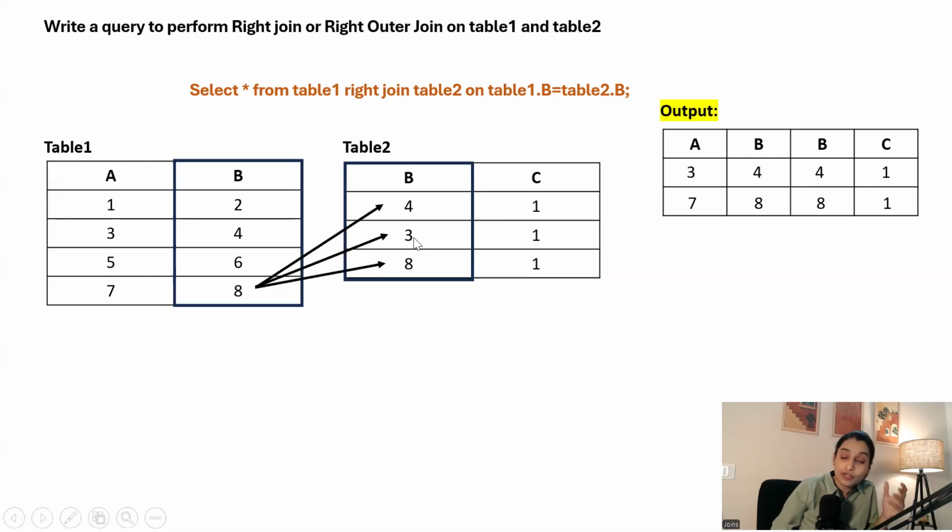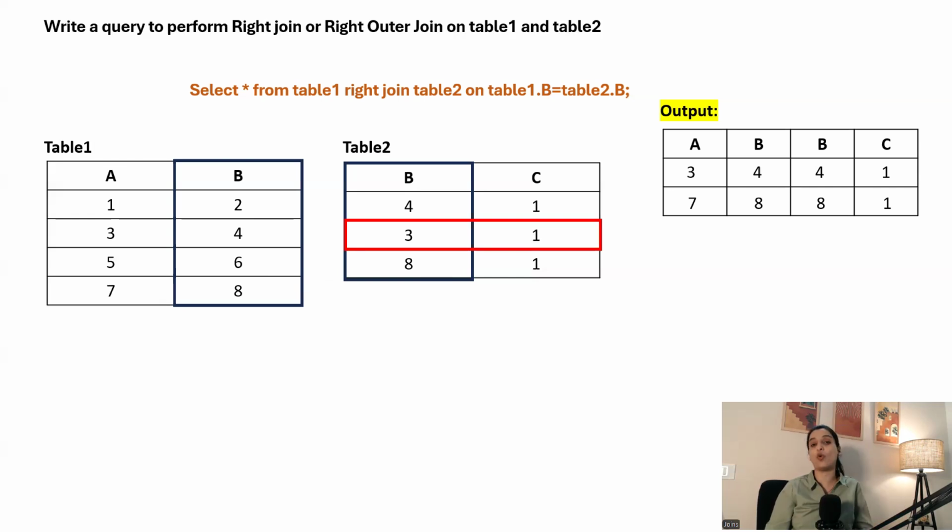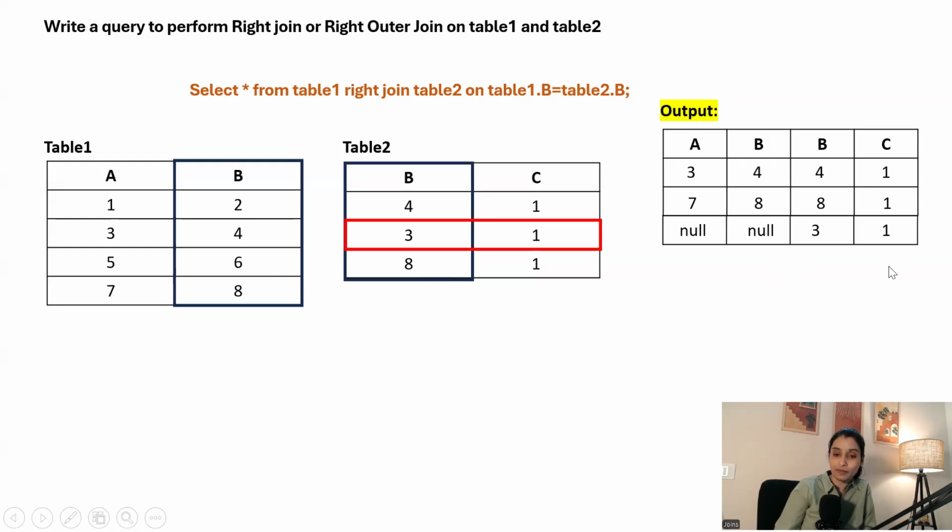For 3, we don't have any match in table 1.B. For 8, we have a match in table 1.B. So what are the non-matching records from table 2? This is the non-matching row from table 2. So in output, you will get 3 and 1 for table 2, and for table 1 you will get null, null. Meaning for table 1 there is no matching record, so you will get null.